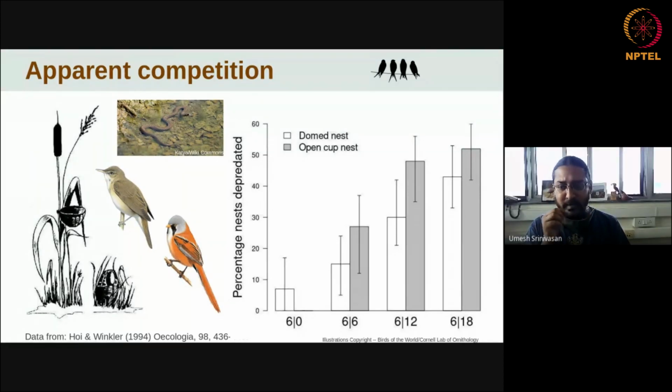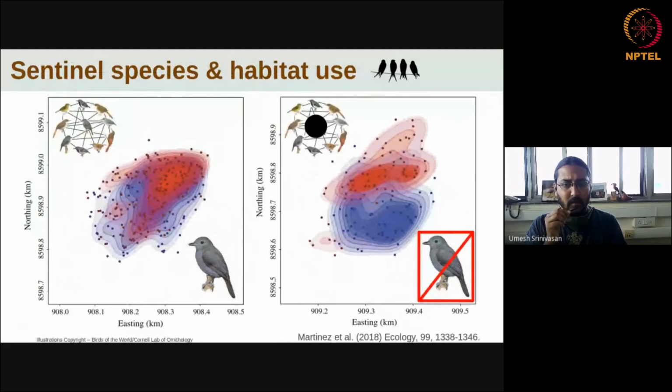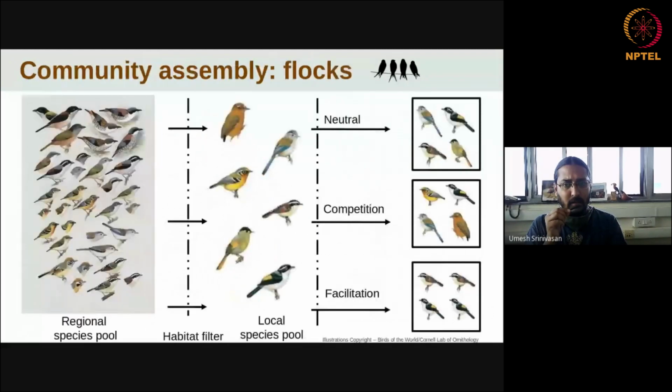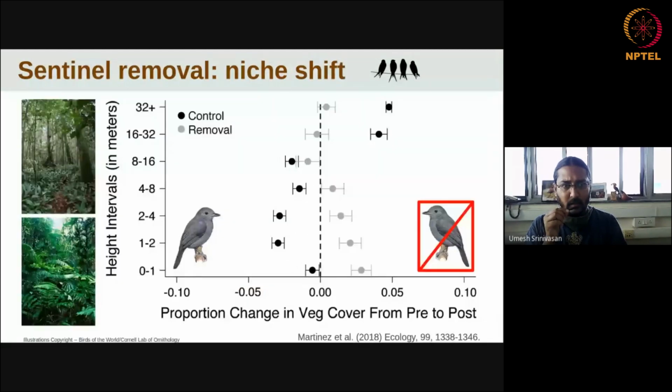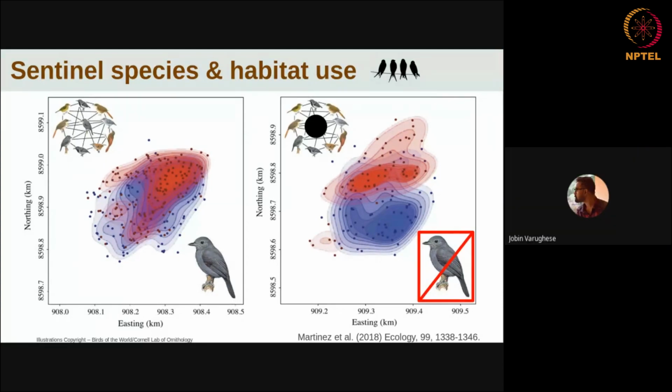Let me just move to that slide. Is it this one? So basically they're asking if the food source is the same in the mixed flock situation.